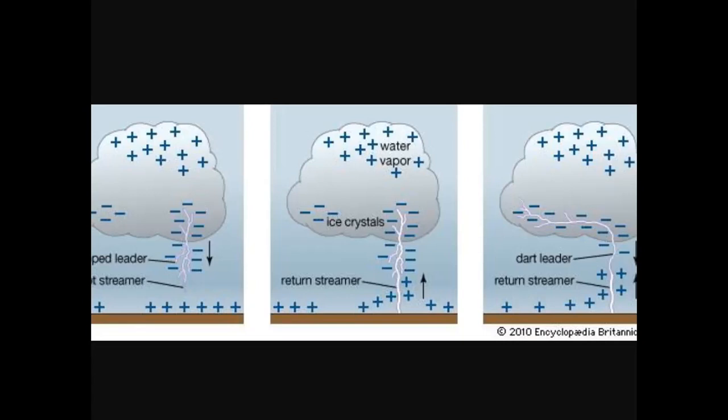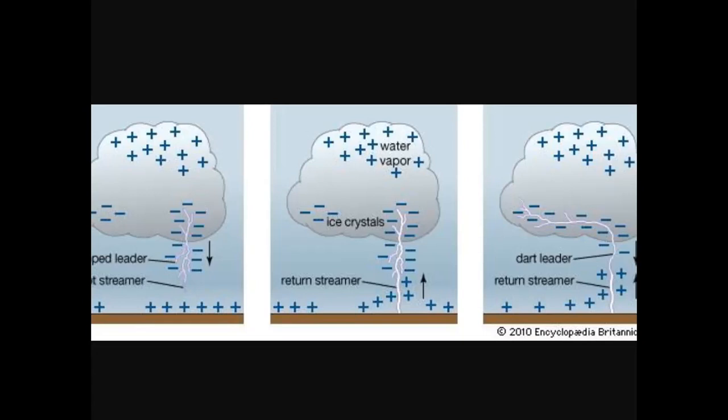So the air between the earth and the cloud is actually an insulator, a dielectric medium. But if the potential of the cloud is so huge that it has the ability to get over the dielectric strength of the air, a discharge will appear.